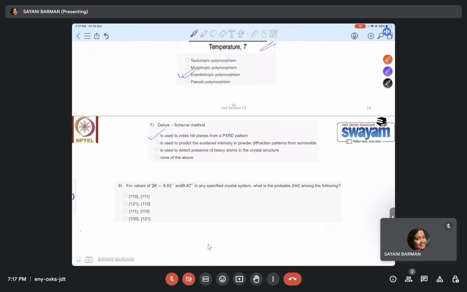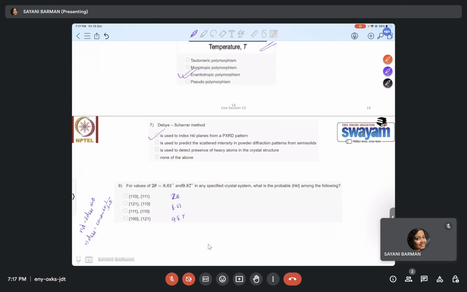First, we'll write Bragg's law. Okay, this is very important. n lambda equals 2 d_hkl sine theta, or d_hkl equals n lambda by 2, that means a constant, into 1 by sine theta. So we'll first write the 2 theta values, 8.01 and 9.87.